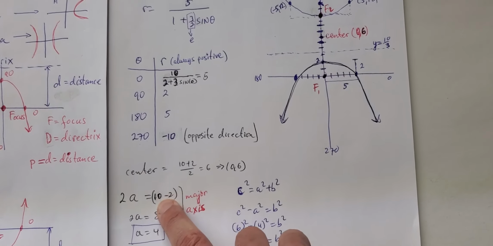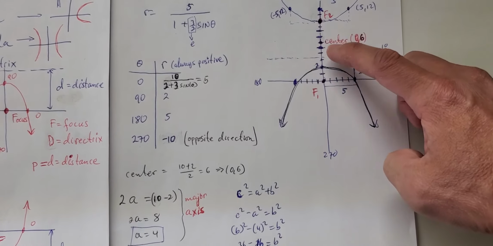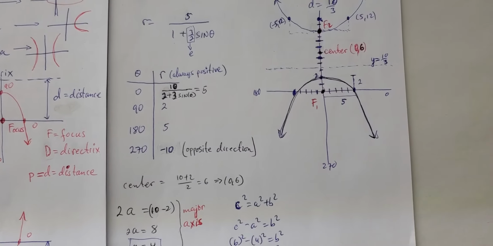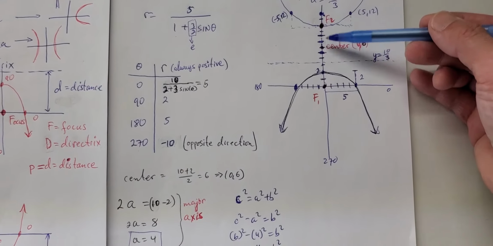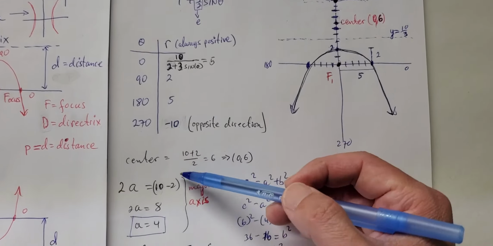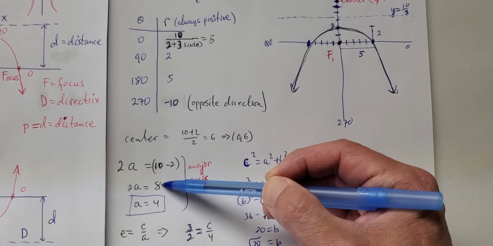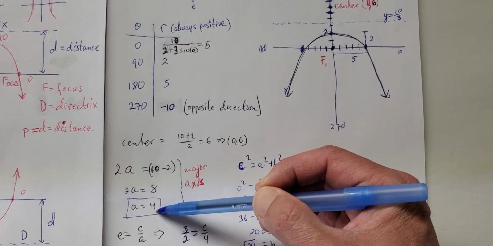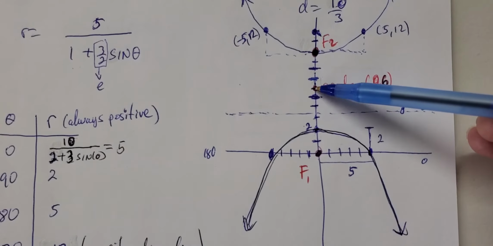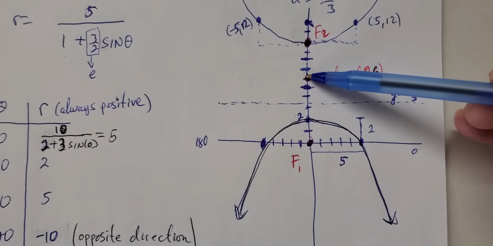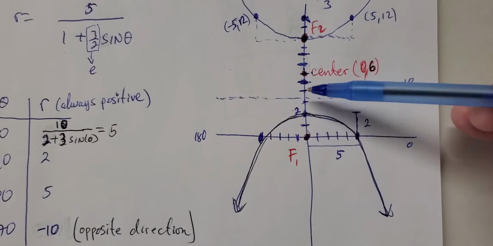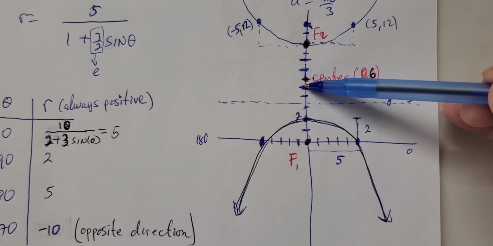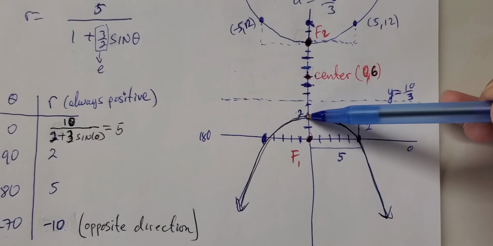But how do I get this number? Take this point right here, 10 subtract 2. So 10 subtract 2 gives me 8. Divide by 2 gives me 4. So from the center to this vertex is 4 units. Count 1, 2, 3, 4.